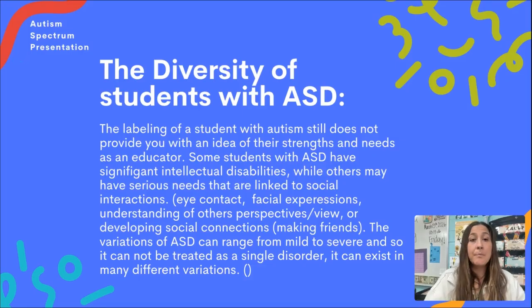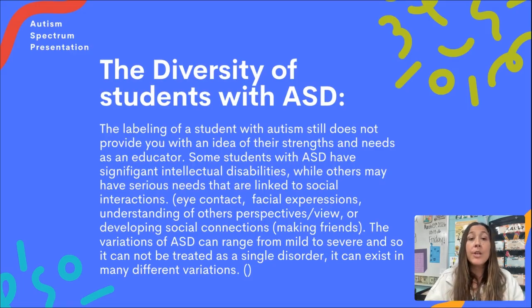As I said, there is a lot of diversity with students with ASD. The diagnosis does not provide you with their strengths and their needs as an educator. We've got to figure out: do they have a significant intellectual disability? Do they have other needs, like they don't understand facial expressions? Maybe they don't understand others' perspectives.